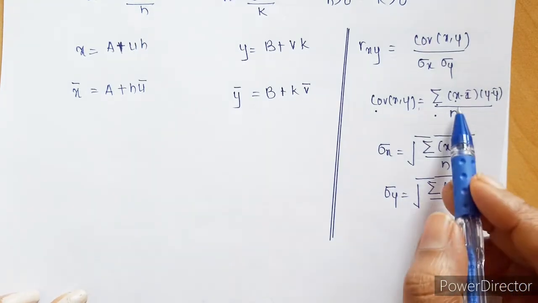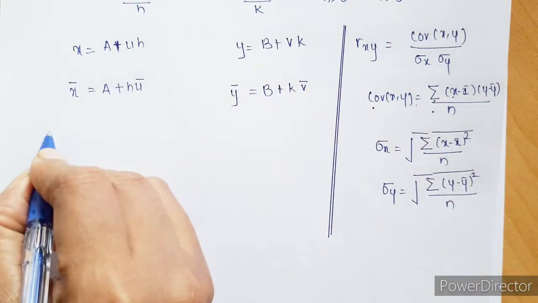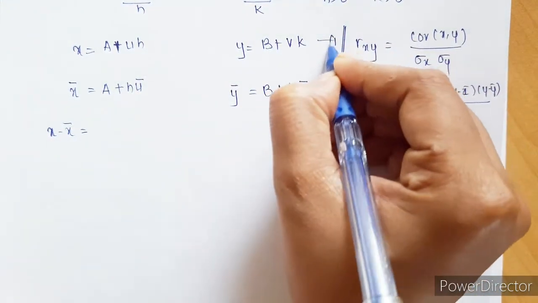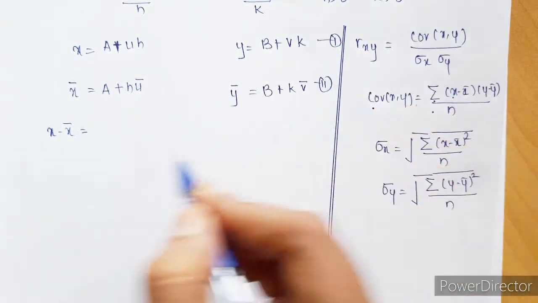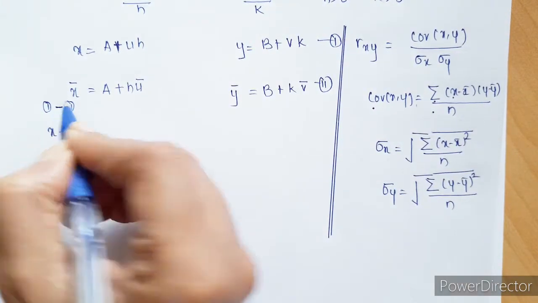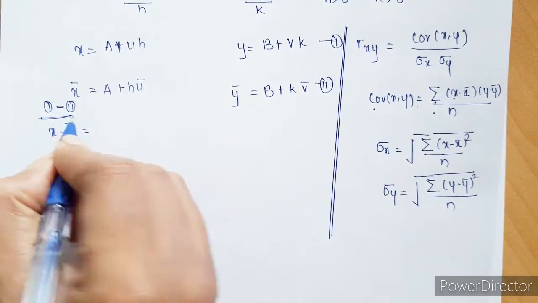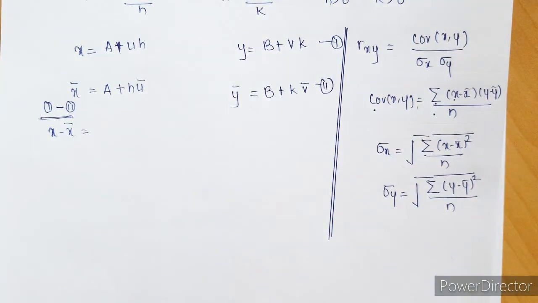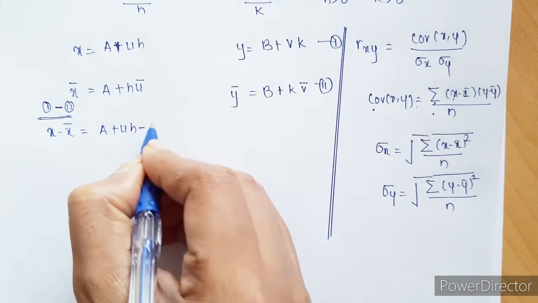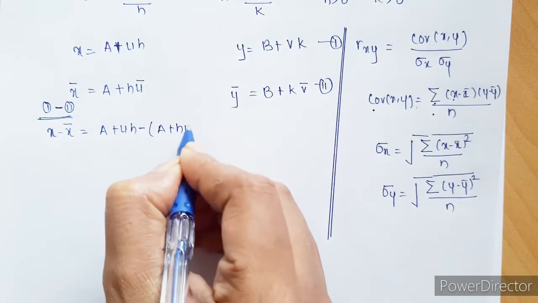Now we have to write the deviations. It is x minus x bar. Suppose these are equation 1 and equation 2; we are subtracting equation 2 from equation 1. So x minus x bar can be written as (a plus u times h) minus (a plus h times u bar).